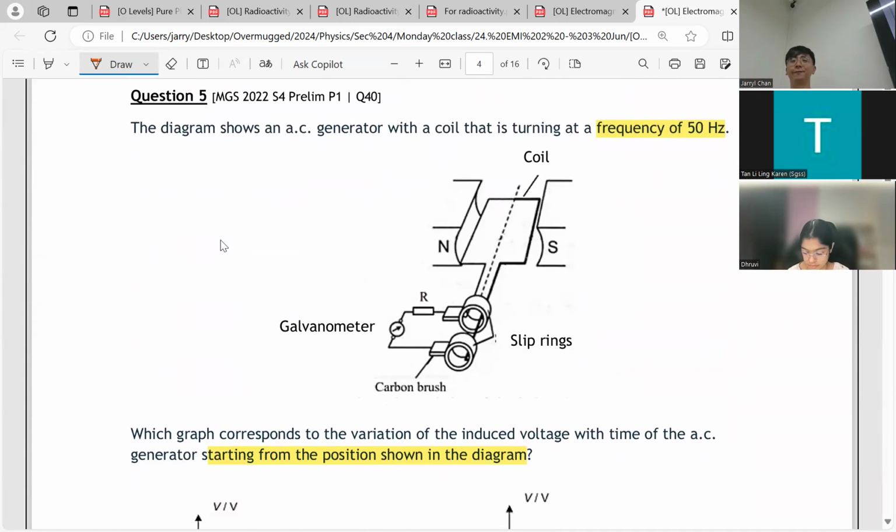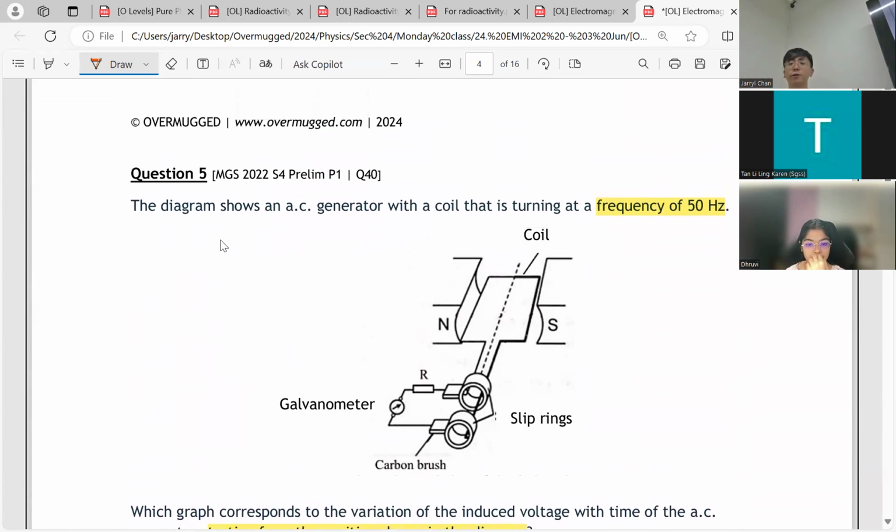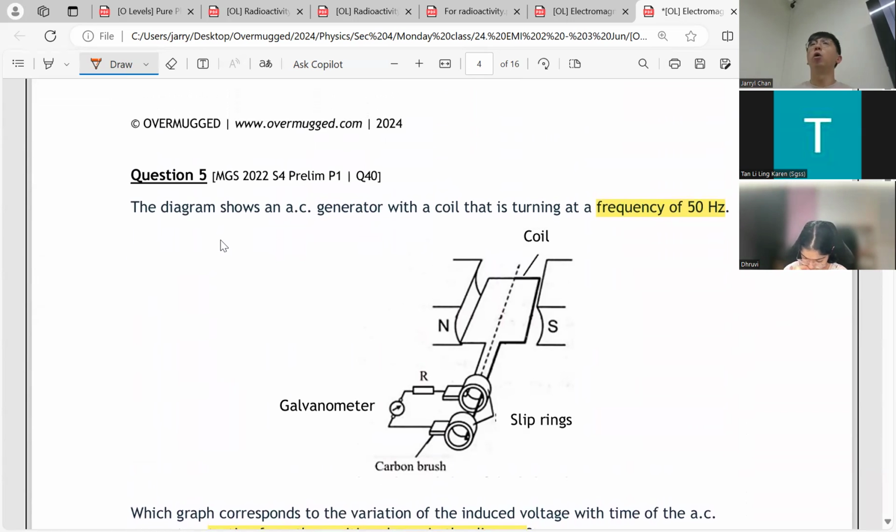An AC generator, frequency of 50 hertz. What does it tell you immediately, or what can you deduce from this immediately? Next time you approach questions like this, what will you do with this? What can I find? The period, right?